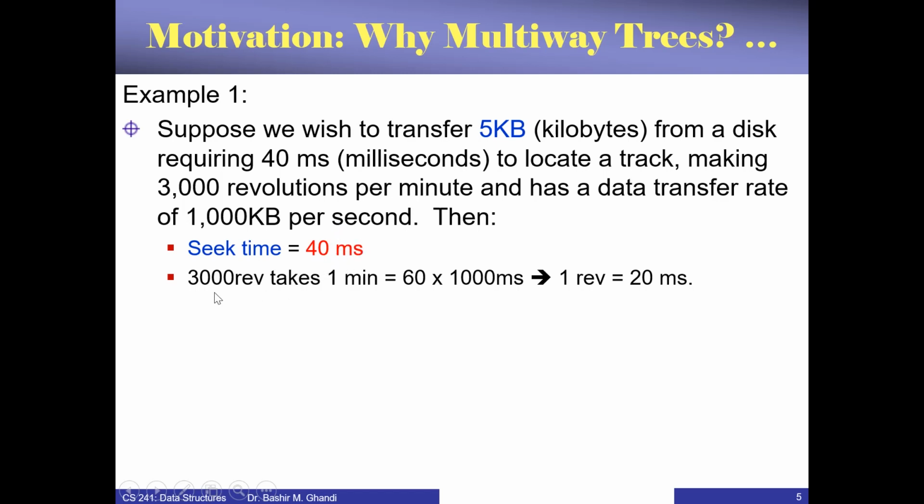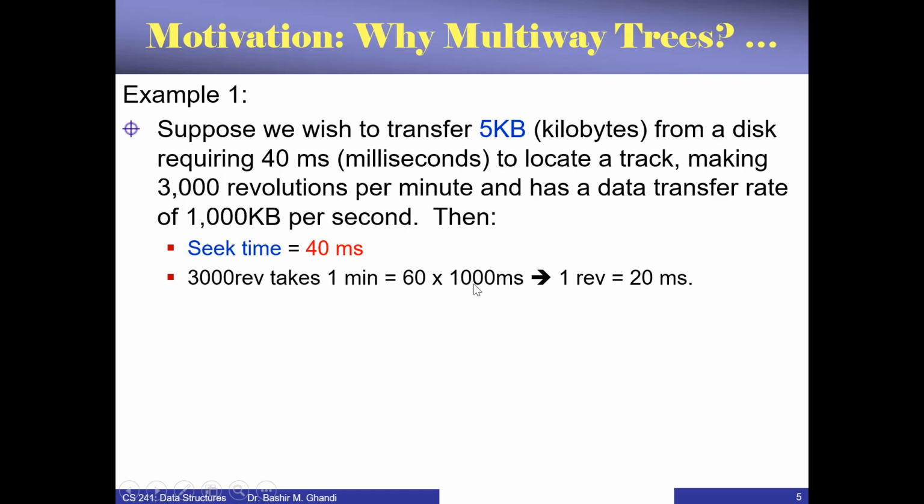Now, 3000 revolutions take 1 minute for our disk as given here. But we know 1 minute is 60 seconds. We are not interested in only seconds, we want milliseconds. So to convert to milliseconds, we have to multiply by 1000. So 3000 revolutions take 60,000 milliseconds, if you like.